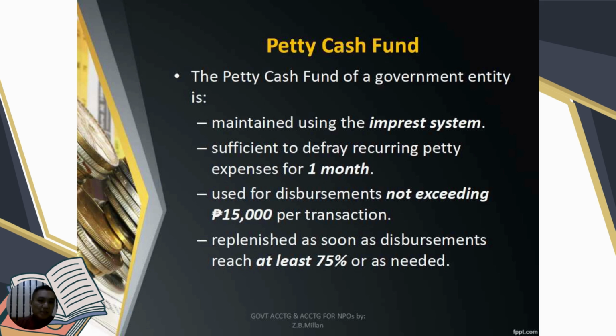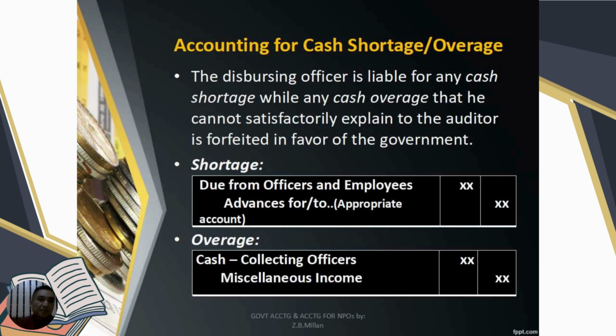Used for disbursements not exceeding 15,000 per transaction. If it goes beyond that, you will use a voucher. Replenish as soon as disbursements reach at least 75% or as needed.